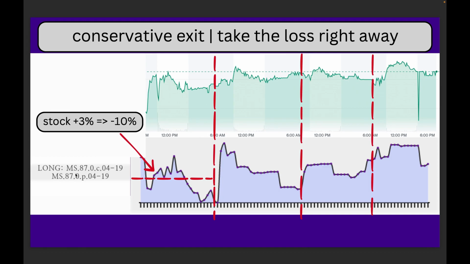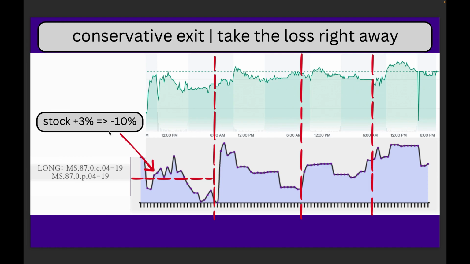So a conservative exit would be to take that loss right away, basically stop the loss, and if we were happy to take that 30%, we can be very binary in our approach. Either the big move happened by open or not. If it didn't happen, we take the loss right away, and hopefully it is reduced because, as we see, it was lower than the one we were ready for.